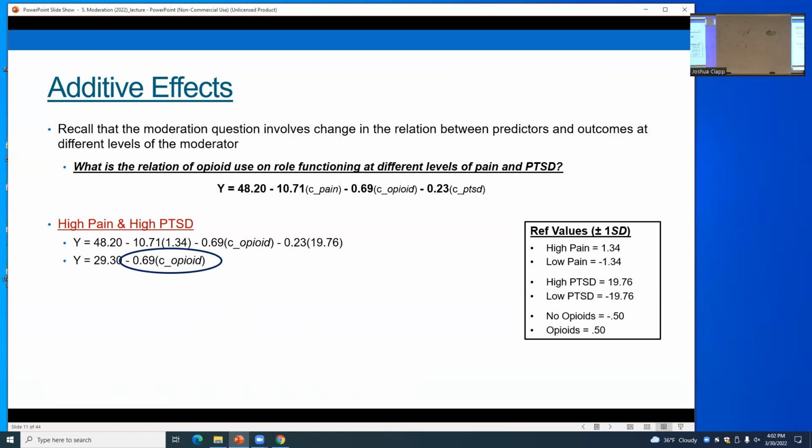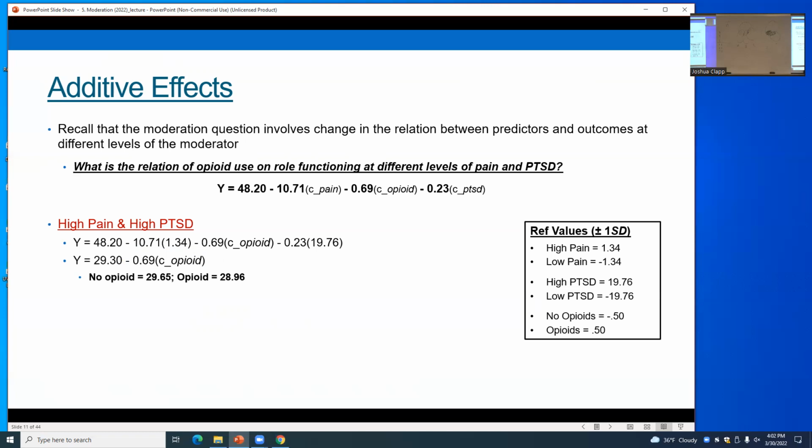So again, going from no use to use, I'm expecting a 0.69 unit decrease in role functioning across those two groups. If I were to plug in values for centered opiate use, negative 0.5 and 0.5, I get my expected value of role functioning: 29.65 for no opiate use, and 28.696 for opiate use.